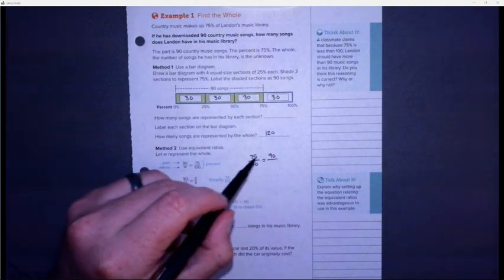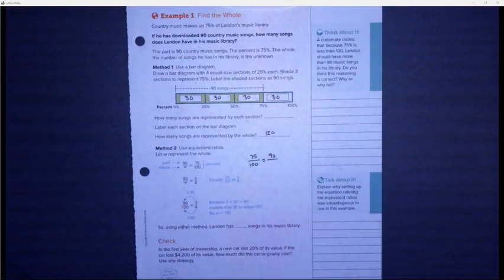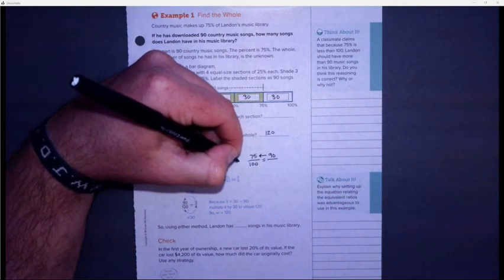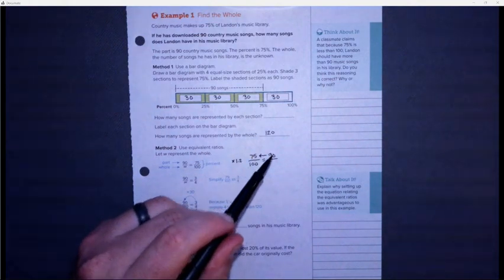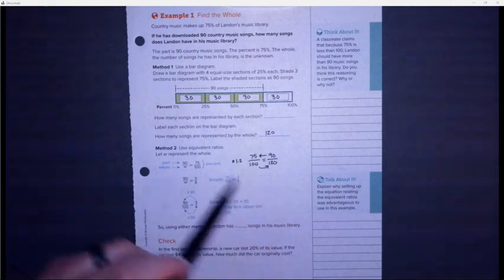From here, we have to figure out what we're going to multiply by to find our whole amount of the playlist. So what I can do is 90 divided by 75, and I will get 1.2. So 1.2 is my multiplier. 1.2 times 75 gives me 90, and 1.2 times 100 will give me 120. So 120 songs on the total playlist, and 90 of them are country music.